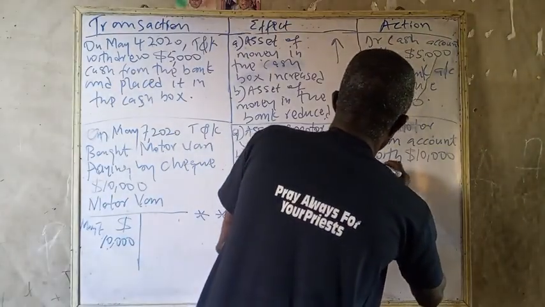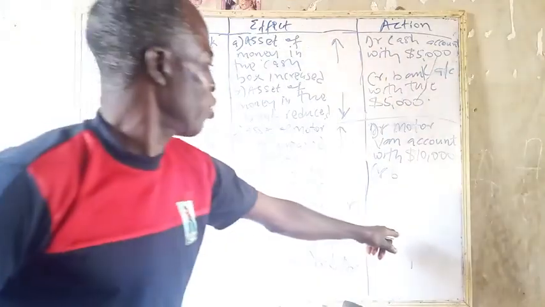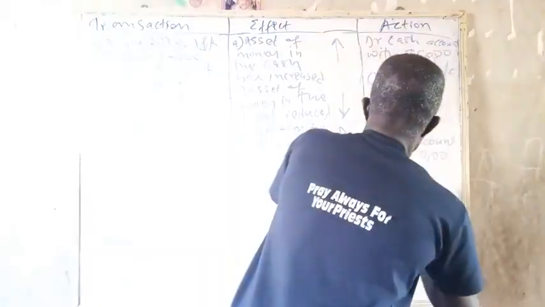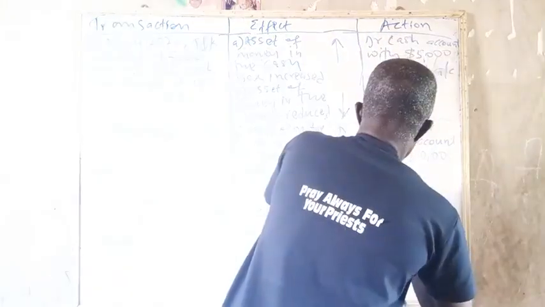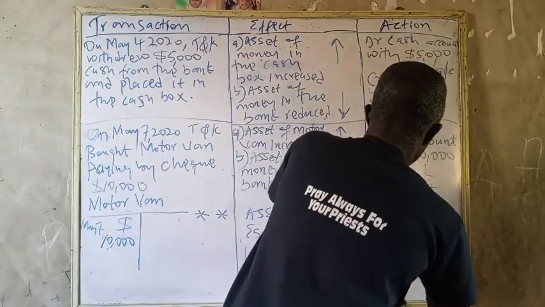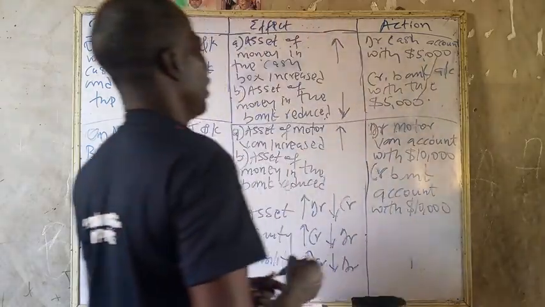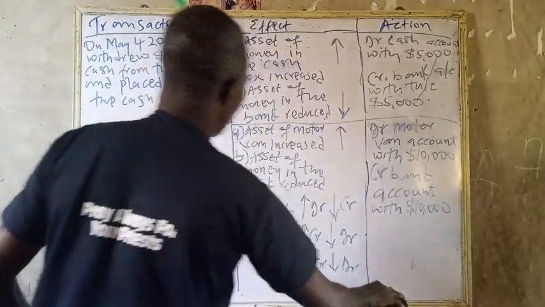You credit bank, because it's on the bank. Credit bank account, $10,000, as I've just shown in the account I just opened.